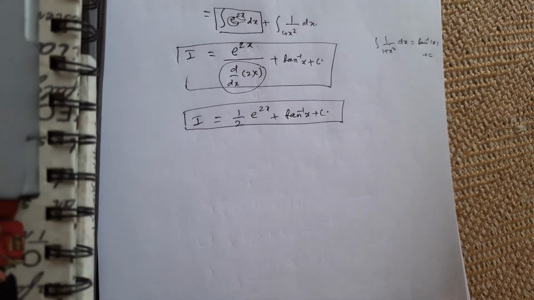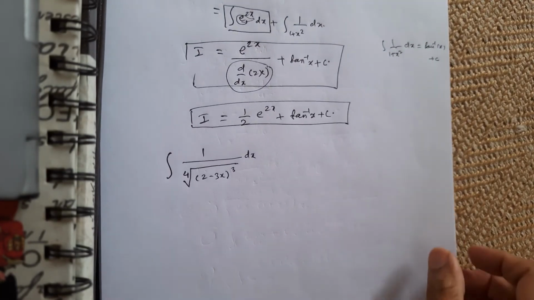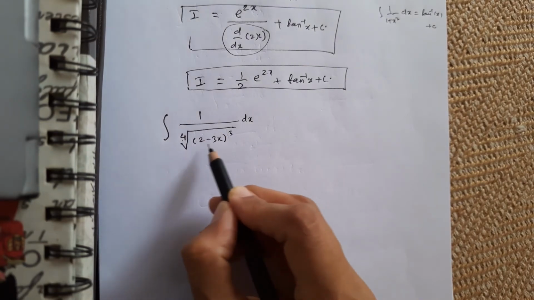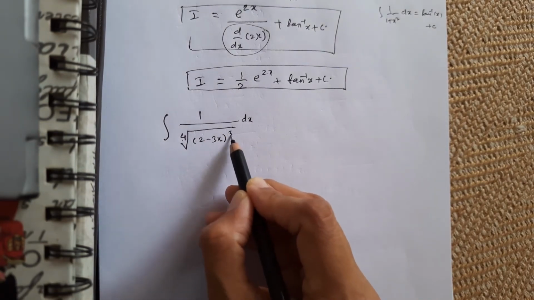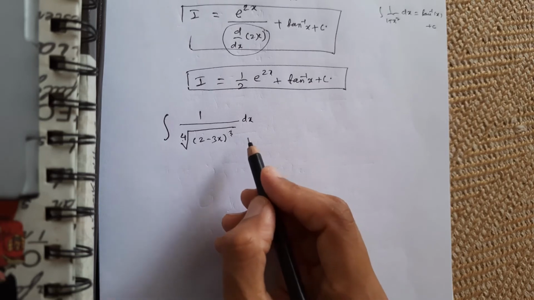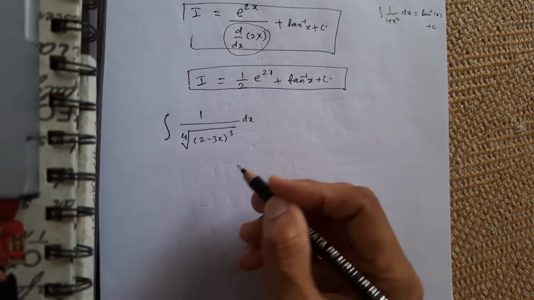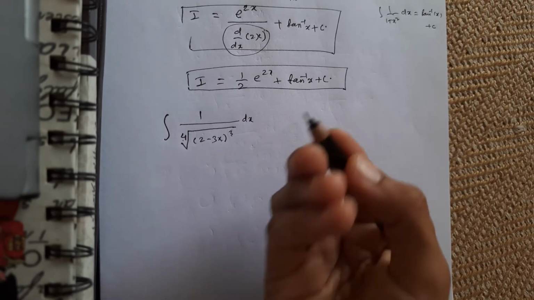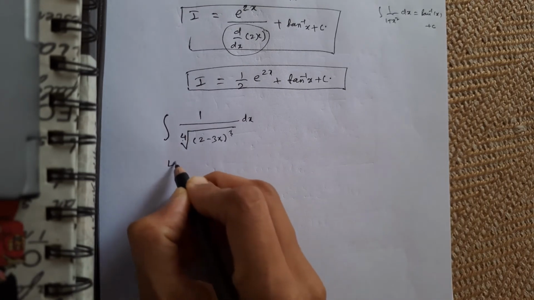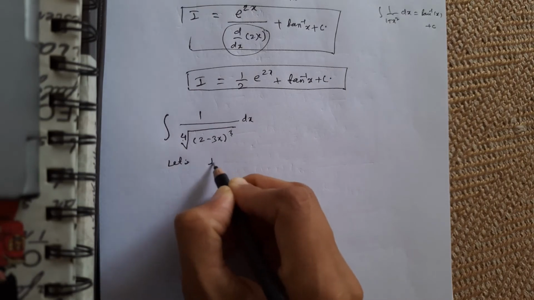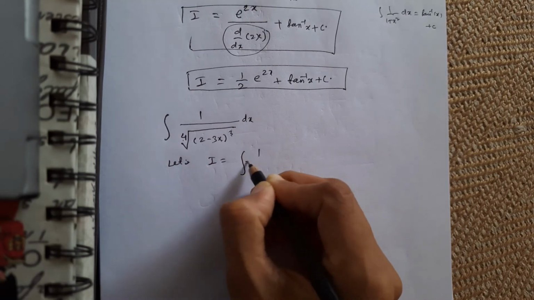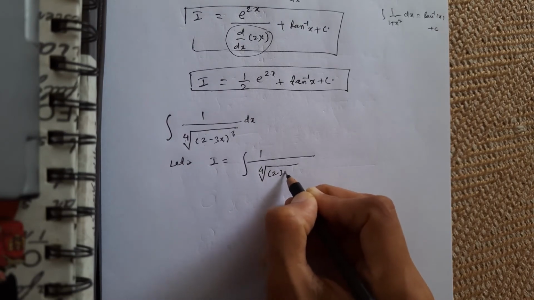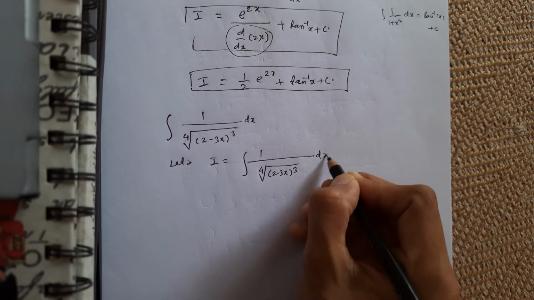Okay. Next example is integration 1 upon the fourth root of (2 minus 3x) to the power 3. So first of all, let's simplify it in the form of power so that we understand well what we can do here. So solution: let I equal integration 1 upon the fourth root of (2 minus 3x) cube dx.